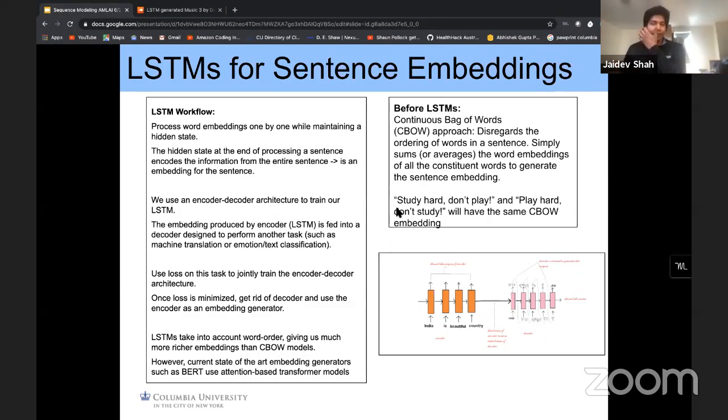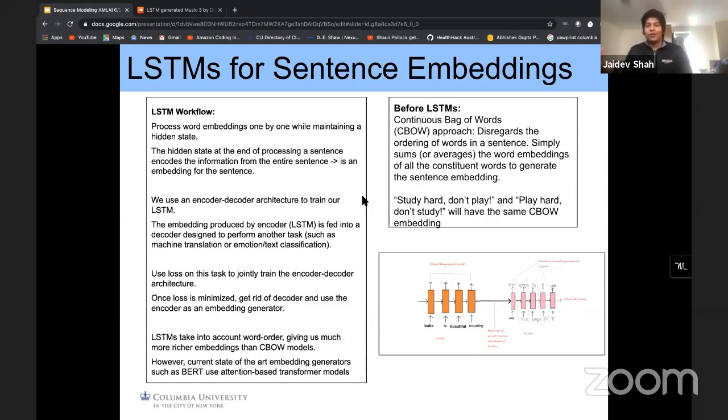For example, if I have "study hard, don't play", I don't care what order I saw these words in. All I will do is take the individual word embeddings. Word embeddings are the word vector representations, just a sequence of numbers that represent a word. So I'll take the word embedding for study, the word embedding for hard, don't play, and I'll just average them up or sum them up. Doesn't matter. Now that will represent my sentence.